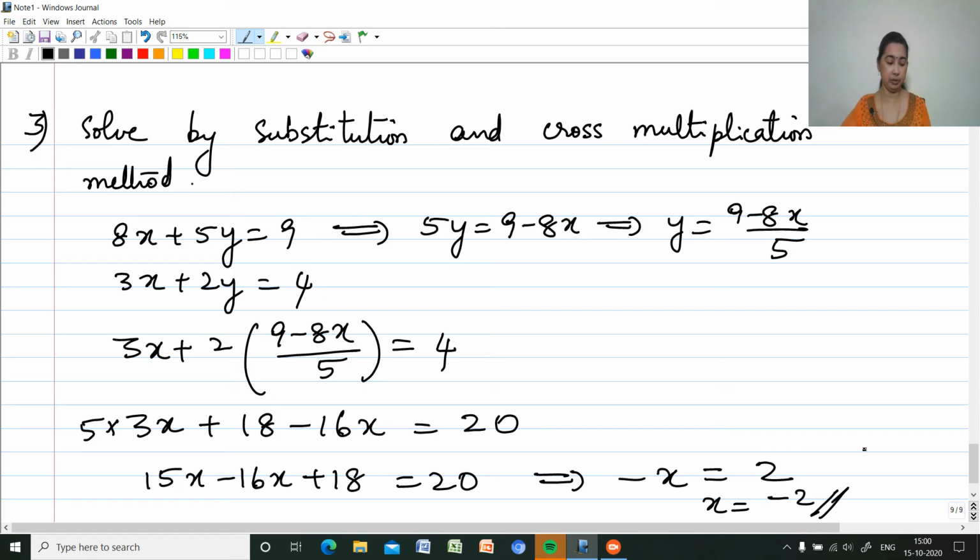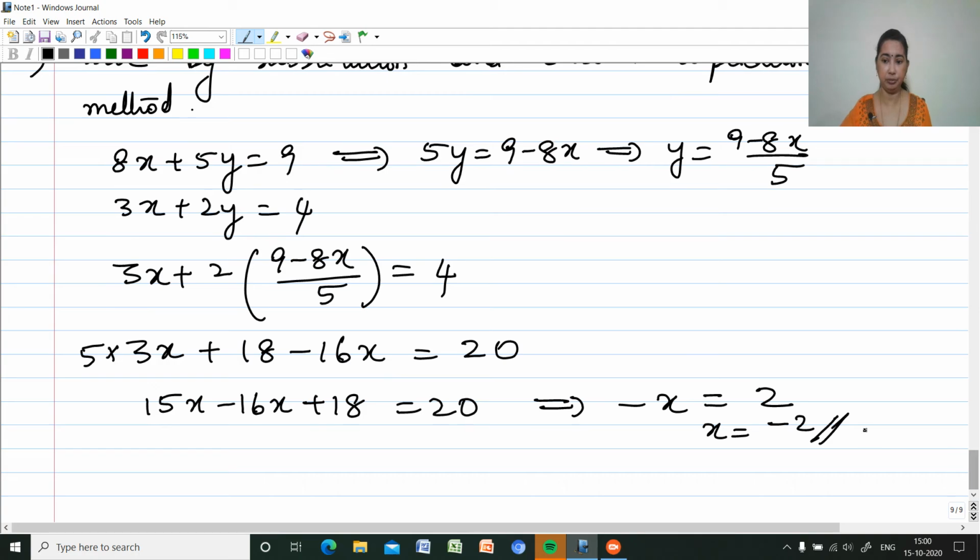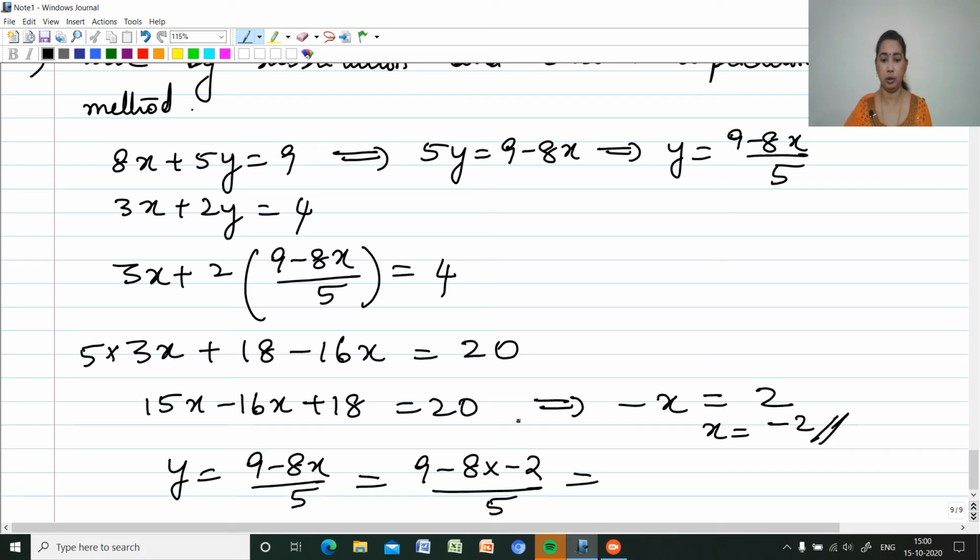So we got the value of x. Now we have to get the value of y also. So we can get the value of y by substituting in this equation. y is equal to (9 minus 8x) divided by 5, that is (9 minus 8 into minus 2) divided by 5, or 9 plus 16 is 25, 25 by 5 is 5. So x equal to minus 2 and y is equal to 5.